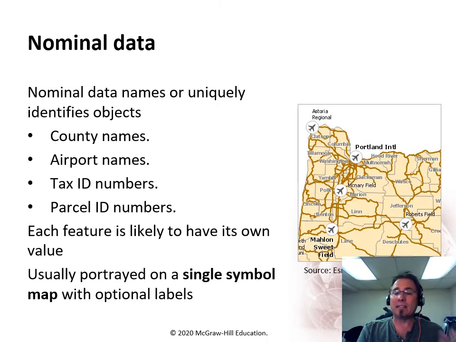Typically within at least a state, there's only one county with the one name. You're not going to have two Jefferson or two Milwaukee counties in Wisconsin. That doesn't mean there might not be another Jefferson County somewhere else in the country, but within the state itself, there's only one. So what nominal data is typically used for is labeling. All right. When you want to show the labels for the cities or airports or roads or rivers, you get that from nominal data.